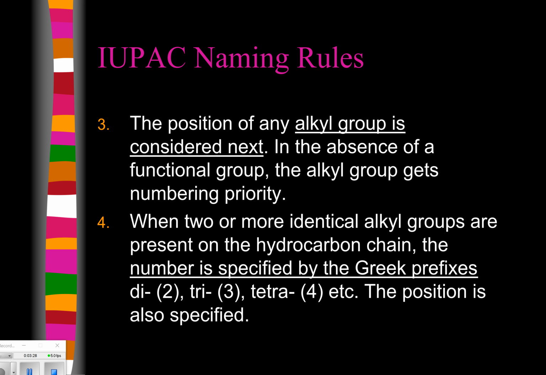When we have two or more identical alkyl groups present on a hydrocarbon chain, we're going to specify, using Greek prefixes, how many of those alkyl groups we have on the chain, using prefixes like di, tri, tetra to indicate the number of those alkyl groups that we have.